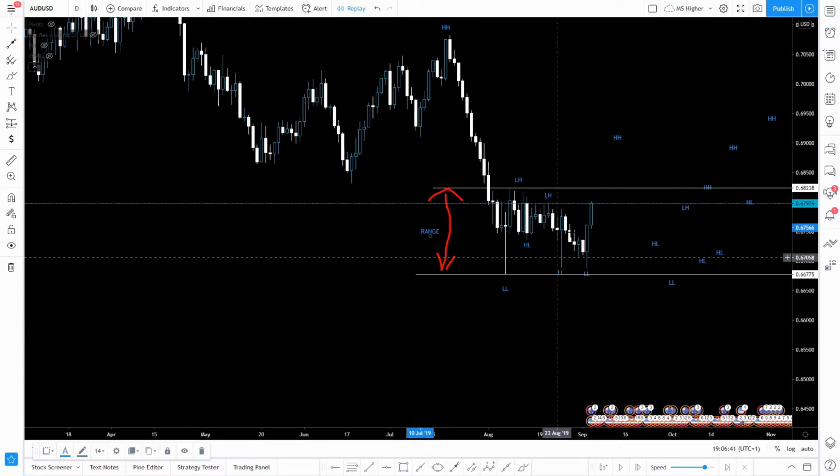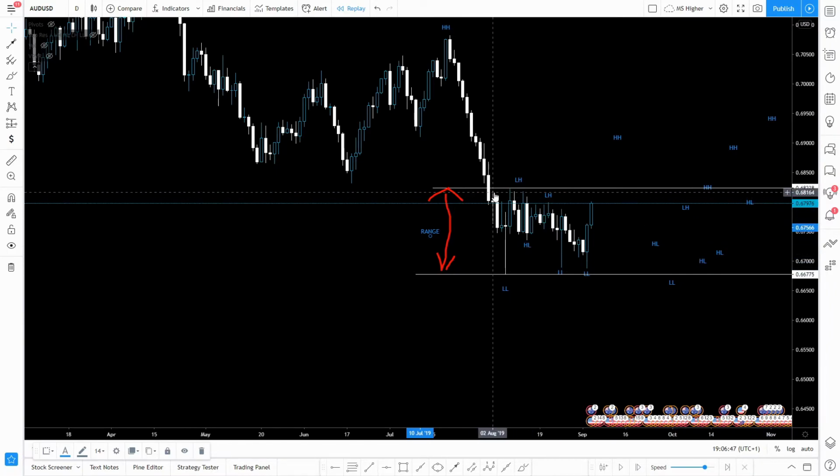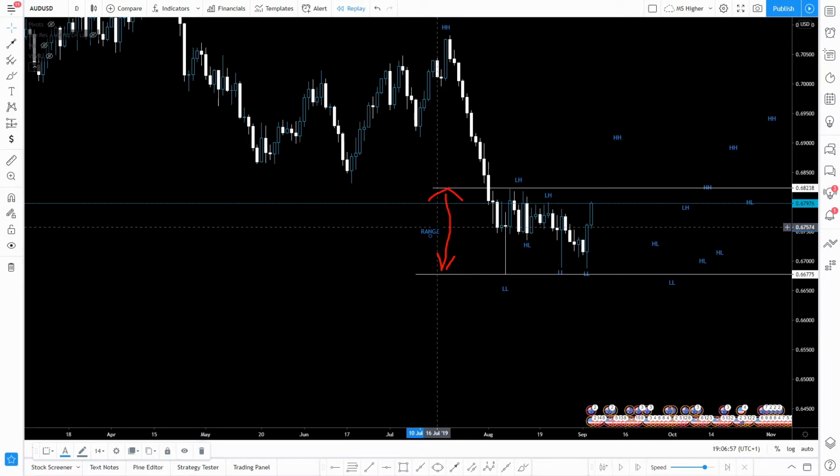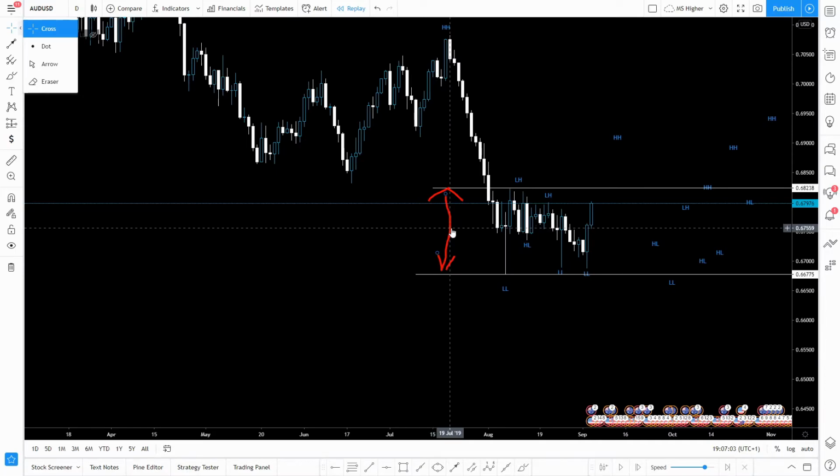Some call it rotating. But yeah, as long as we can understand and put a word to it in any terminology, as long as we know exactly what price is doing, that's the most important part. All right. So we know that's the range right there. So it's not doing anything.